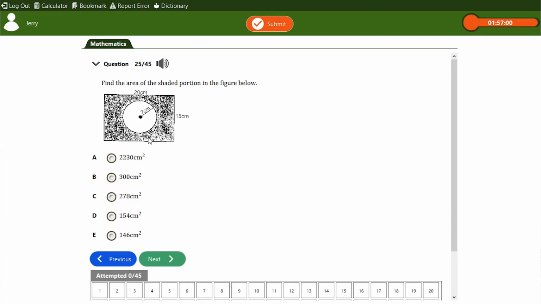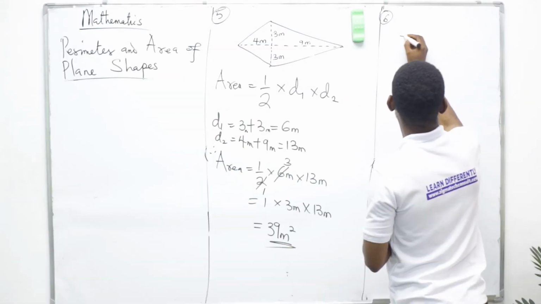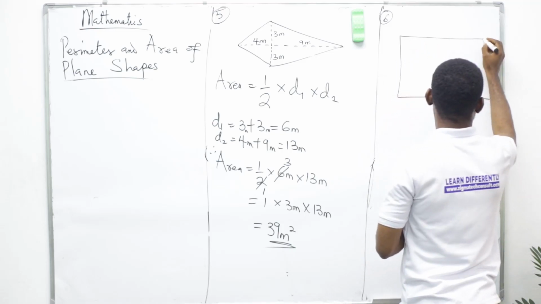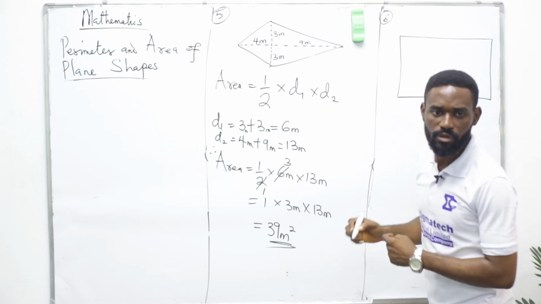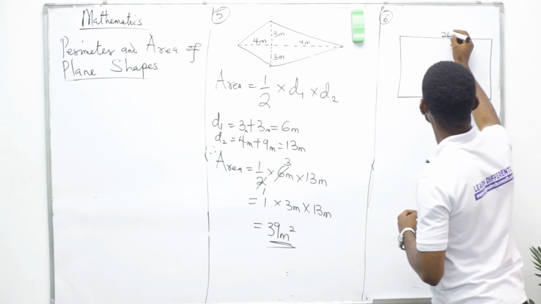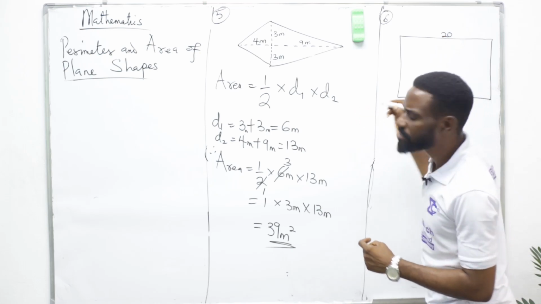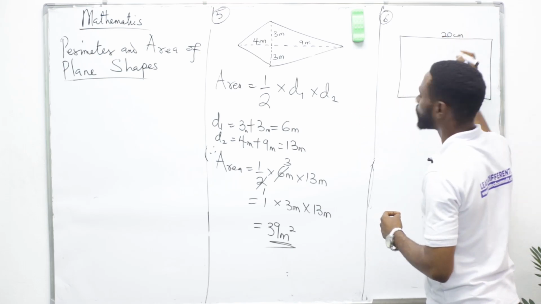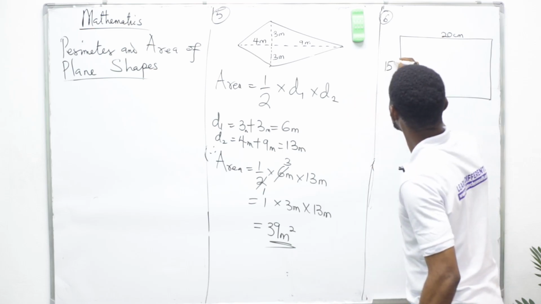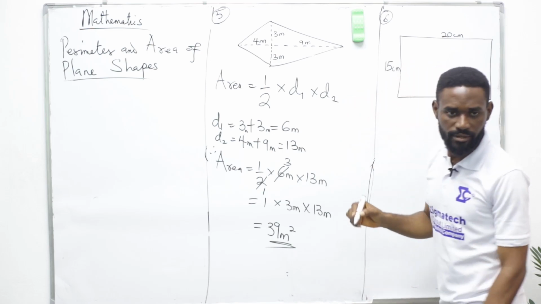So let's look at that. The shape is this. We are given this shape, this shape, this shape, this shape. All right? This place is 20 cm. Follow me, please. This is 15 cm.